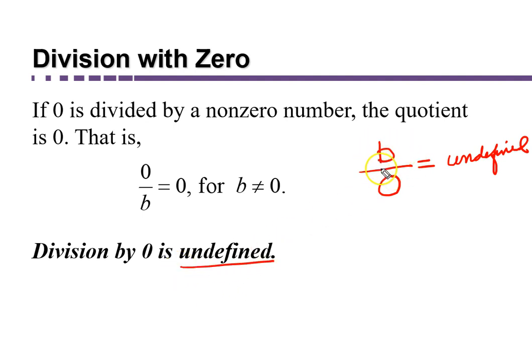Now, the reason for this is, if we multiply b times this and get 0, what would we multiply 0 by to get b? Well, there's no way to do that. So we say in our mathematical process, dividing any real number that's not 0 by 0 is undefined.